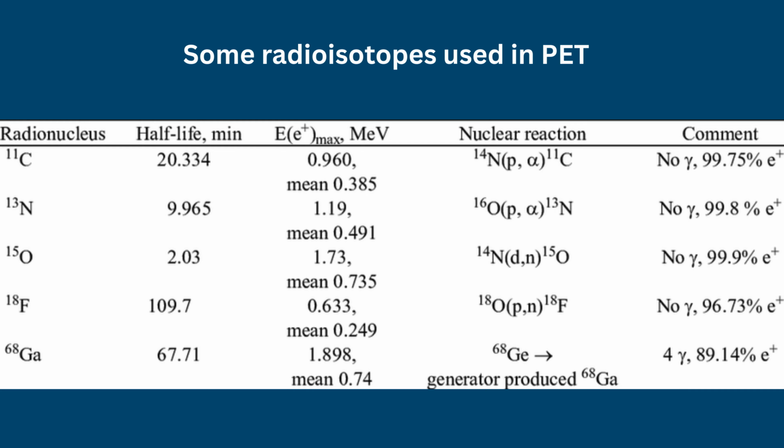It is typically produced via proton irradiation of oxygen-18 enriched water, through the 18O(p,n)18F reaction. Carbon-11, with a significantly shorter half-life of approximately 20.4 minutes, is generated through reactions such as 14N(p,α)11C, and requires rapid synthesis and immediate use due to its fast decay.